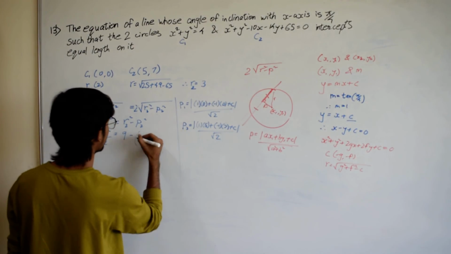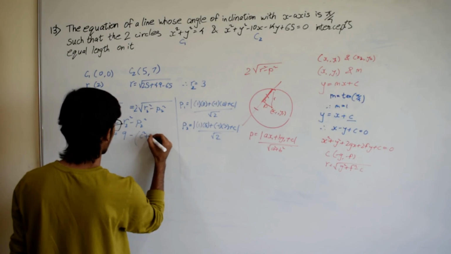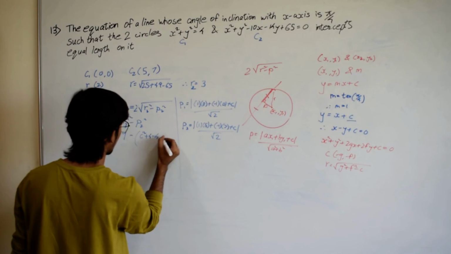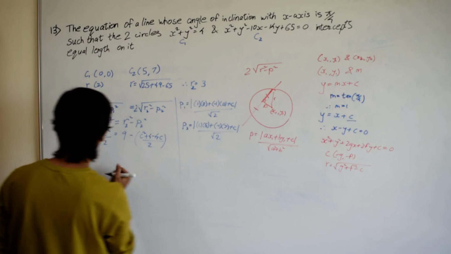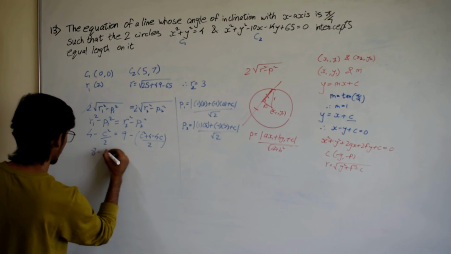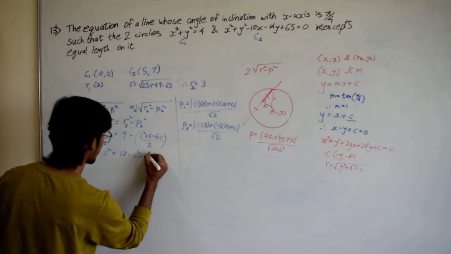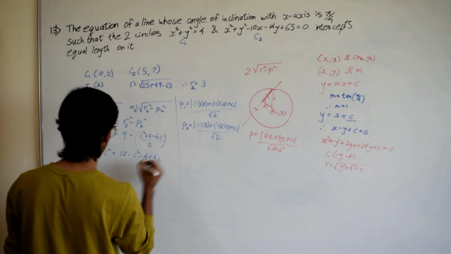Squaring gives c square plus 4 minus 4c, by 2. It gives 4 minus c square by 2 equals 9 minus c square minus 4 plus 4c by 2.